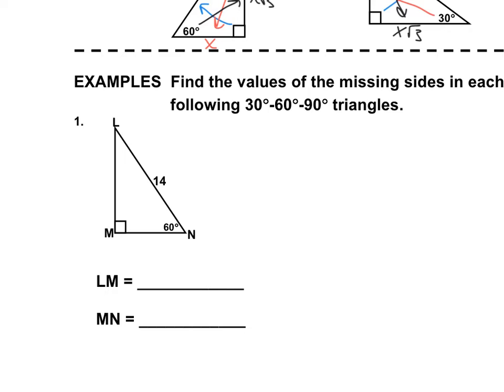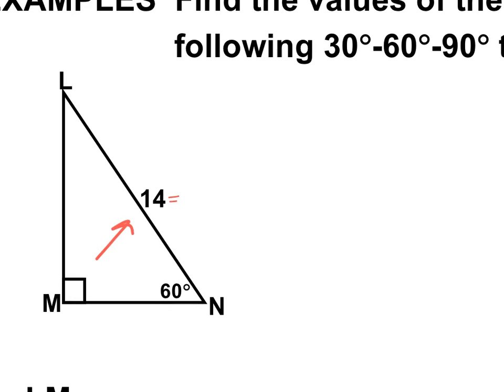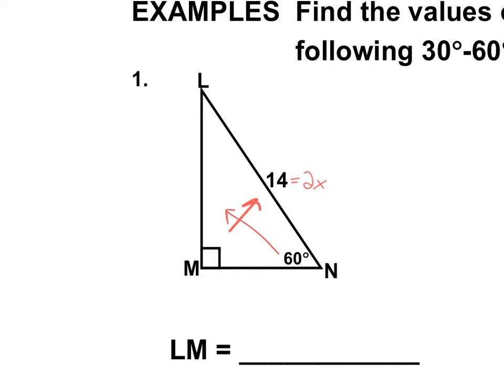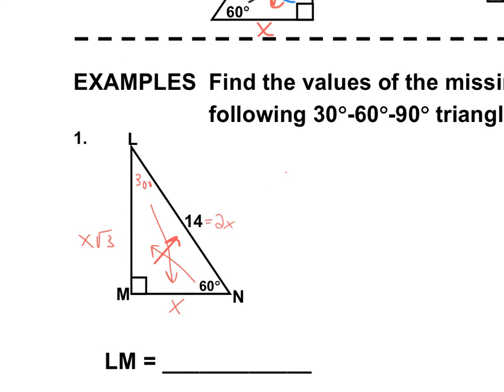So let's look at this problem down here. Same thing as yesterday. They're going to give us a side. We need to decide what goes with that. So 14 is our hypotenuse, so that is our 2x. Across from our 60 is our x square roots of 3. And then across from our 30, which they didn't tell us but we can find, is our x. So this one's pretty easy. I know that 2x equals 14, so I can solve for x by dividing by 2.